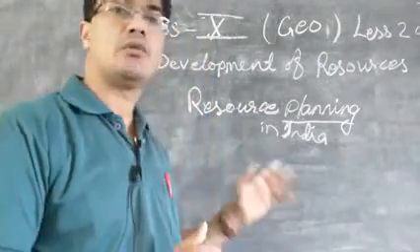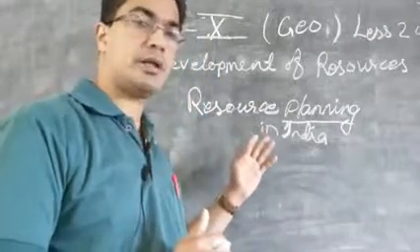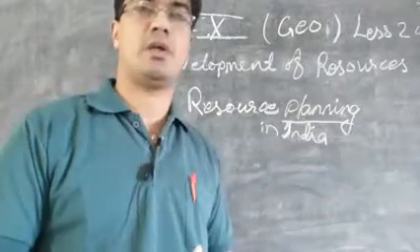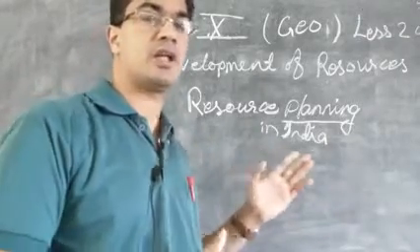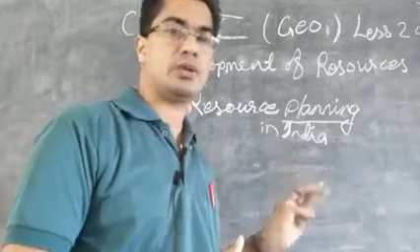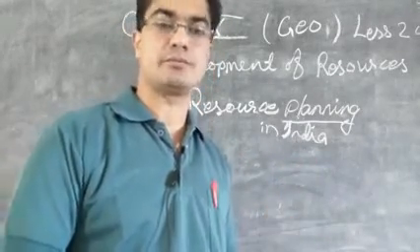That is how we have to do resource planning, and we are sure our government and the planning commission are doing it that way, so we can be sure it will be well used in the best way possible.